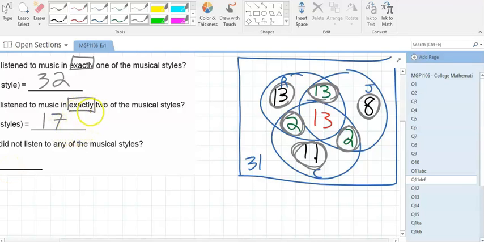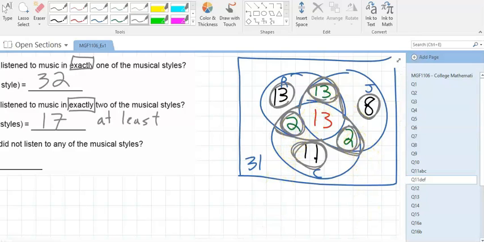I've also seen this question where they might change the word exactly to at least. If they change it to at least 2, then that means you're talking about everybody that's inside here, because all the green numbers represent 2 styles and the red number represents 3 styles.